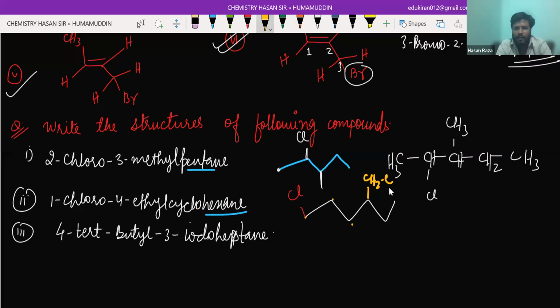Okay. Now see the third one. Heptane, that means 7 carbon. So I'm going to write 1, and heptane means single bonds, so I'm going to write single bonds as well.